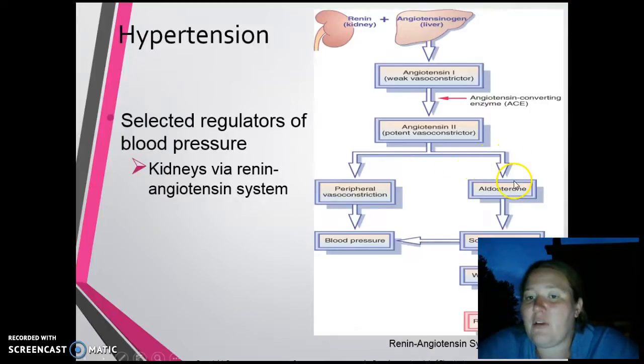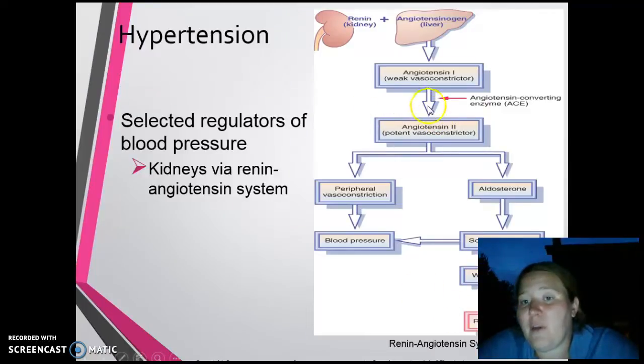Over here, it's going to cause aldosterone to release, which causes sodium retention, and so that's also going to increase the blood pressure. But it's also going to bring in water, because sodium wants the water, and it's going to restore the fluids.